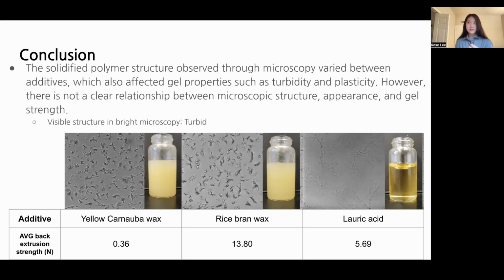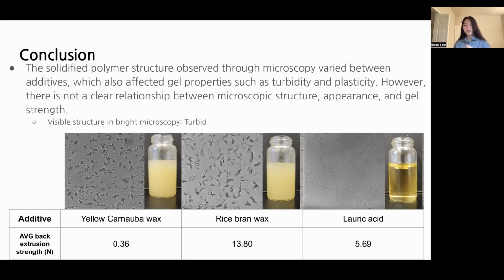One thing that we could find some trend in is if you can see some kind of visible structure in the microscope, it appears turbid, but it didn't really connect to the strength of the gel itself. So carnauba wax here and rice bran wax have similar microscopic structure, looks turbid, but have very different strengths.